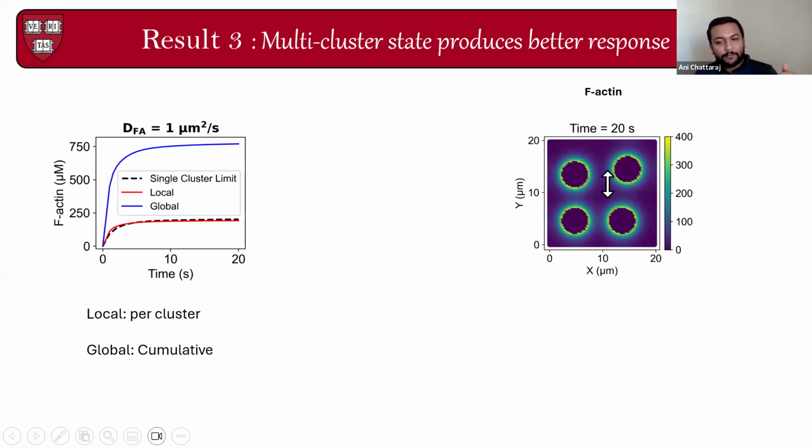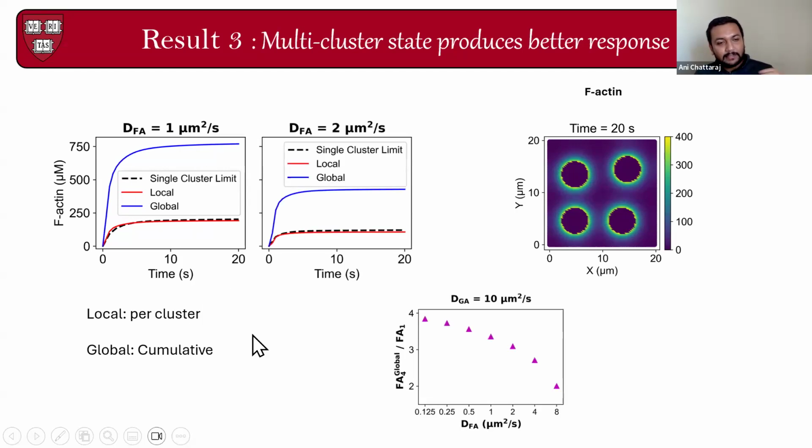But now, since we have four reaction centers instead of one, we actually gain much more F actin. So the blue line is the global level production of F actin, which is almost the same as the red line. The black dotted line is the F actin that we would have got if we had one large cluster in the system. So just by creating four smaller clusters instead of one large one, you actually gain this much.